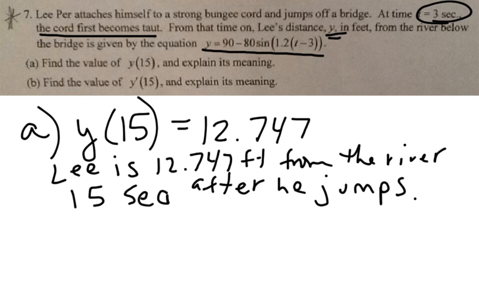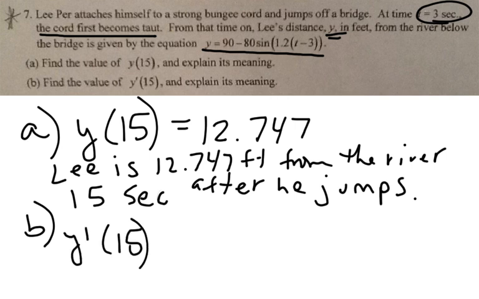Okay. Now C. Find the value of y prime of 15 and explain its meaning. So to do this, you're going to go into y equals and type your equation in there.